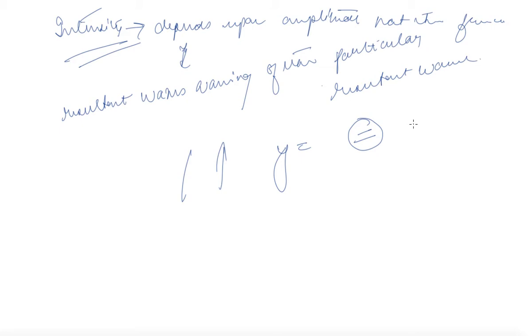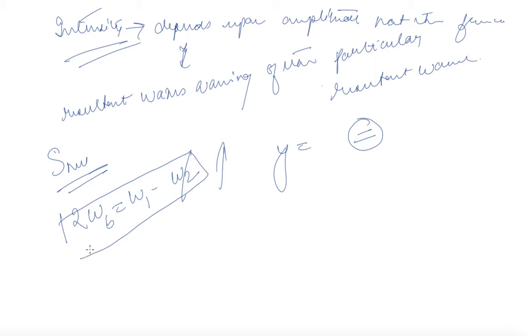So we can say that the waning and waxing of the resultant will depend upon the angular frequency, which is 2 omega b, equal to omega 1 minus omega 2. Now the term cos omega b t is the main factor causing the up and down of the intensity.